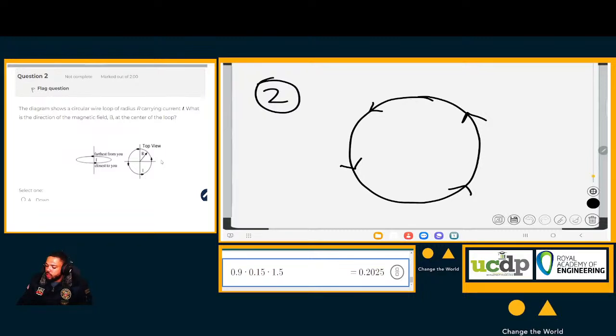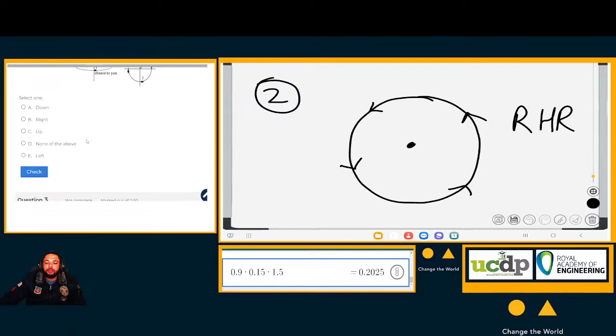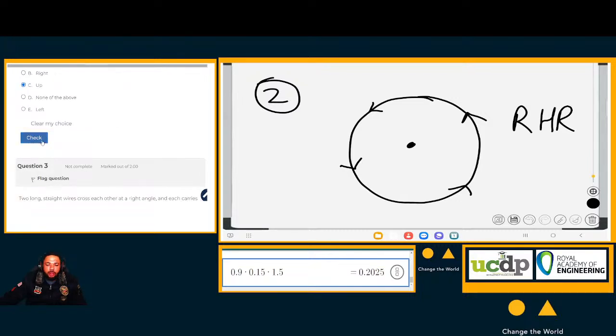Using your right hand rule, you curl your fingers in the direction of the current, and your thumb points in the direction of the magnetic field. So at the center, the magnetic field will be coming up out of the page.